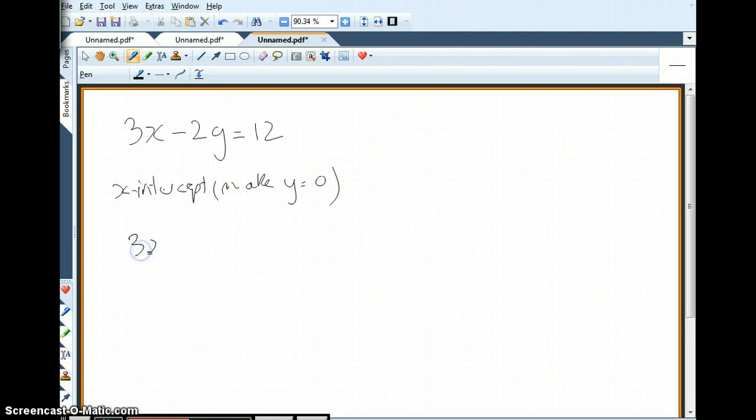Okay, doing that. 3 times x minus 2 times 0 equals 12. What's x going to be? 4. That's gone. 3 times something must give 12. x must be 4. To answer the question, I should write it as a coordinate. x is 4, y is 0.